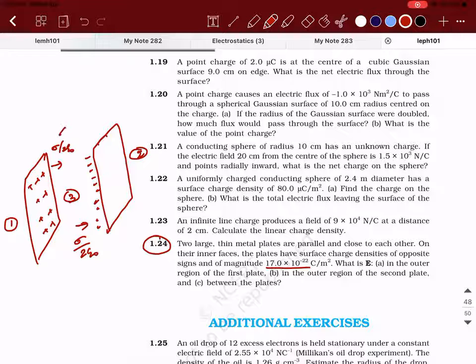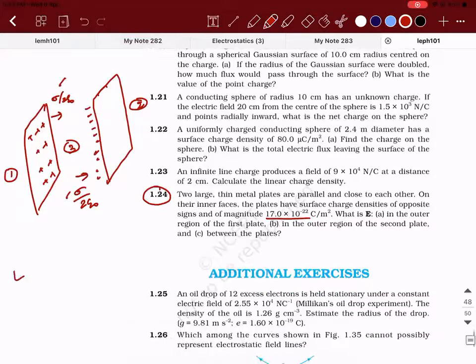This electric field and this electric field, they both are in the same direction. So electric field inside is going to be sigma by 2 epsilon naught plus sigma by 2 epsilon naught. How much will it be? Sigma by epsilon naught.